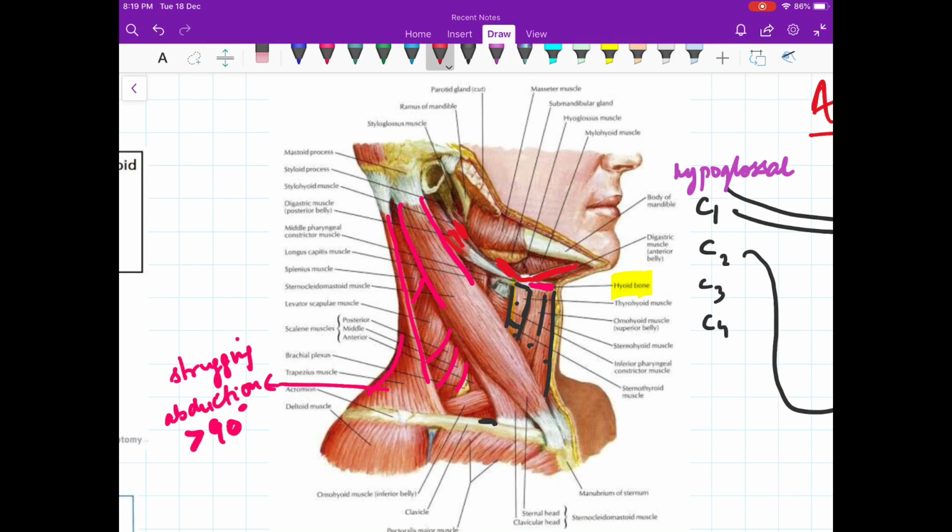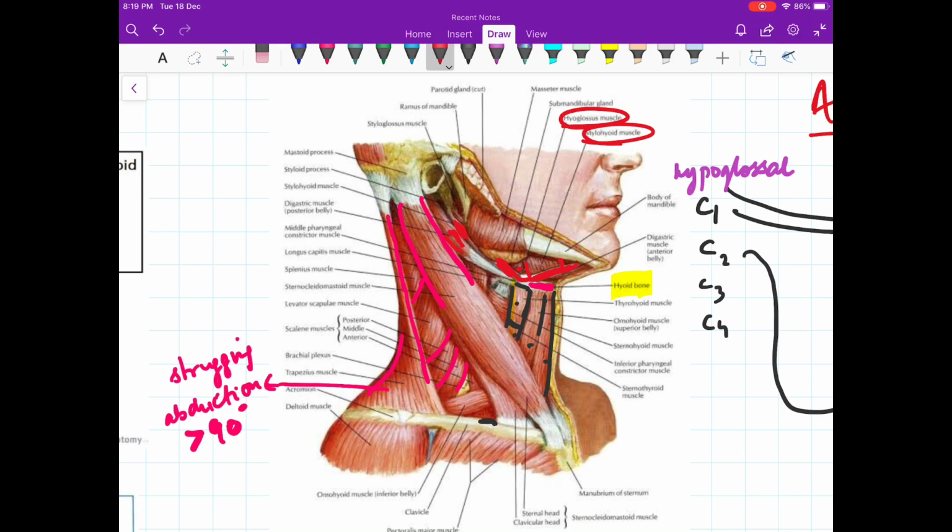Okay, friends. So the muscle coming from the hyoid bone and attaching to the mandible is mylohyoid muscle, and just posterior to the mylohyoid and deep to it is the hyoglossus muscle.